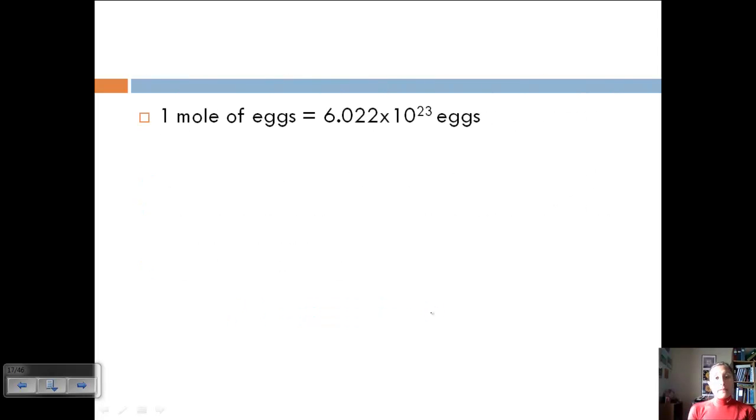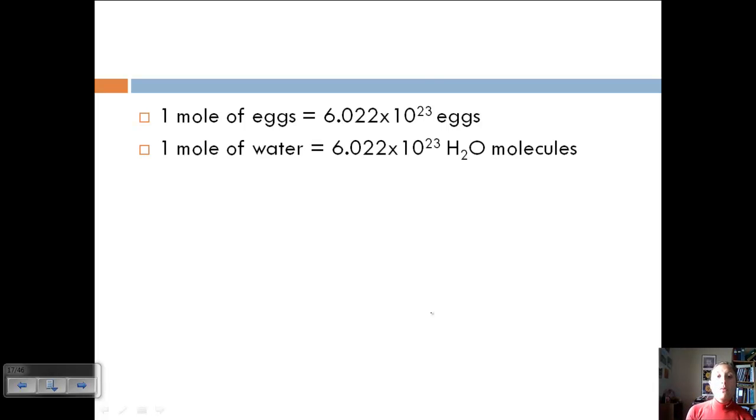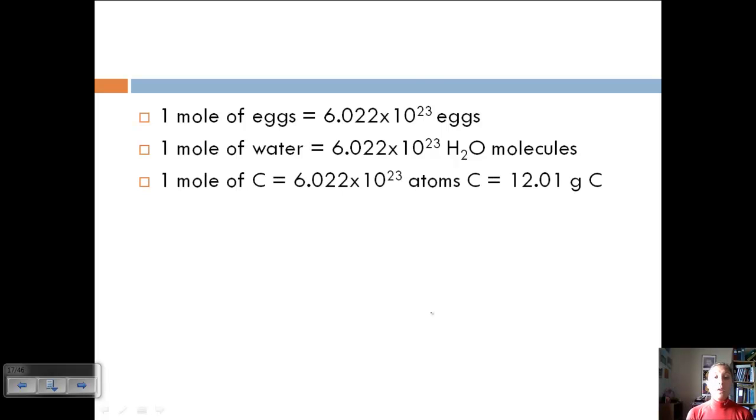Okay, so if we have a mole of eggs, we have 6.022 times 10 to the 23rd eggs. If we have 1 mole of water, remember water is composed of H2O molecules, so we'd have 6.022 times 10 to the 23rd H2O molecules. If we have 1 mole of carbon atoms, then we have 6.022 times 10 to the 23rd atoms of carbon.